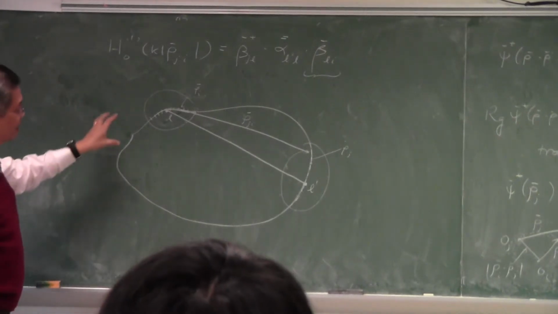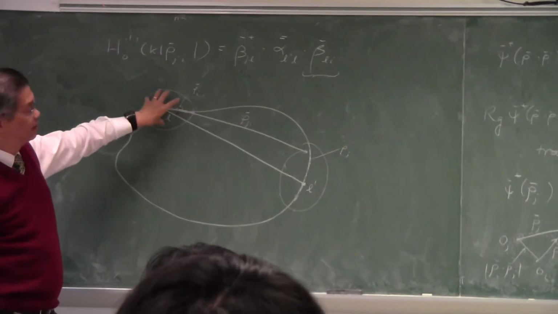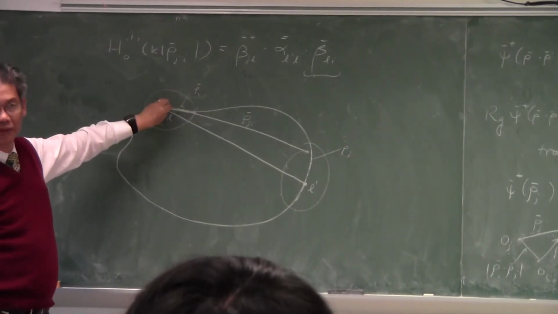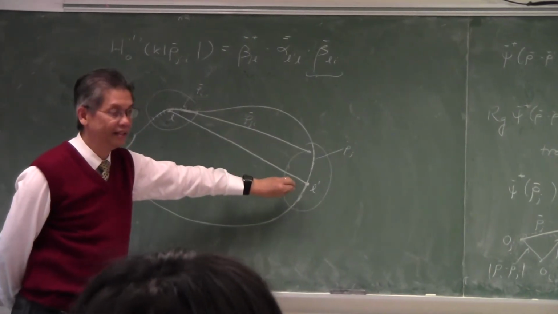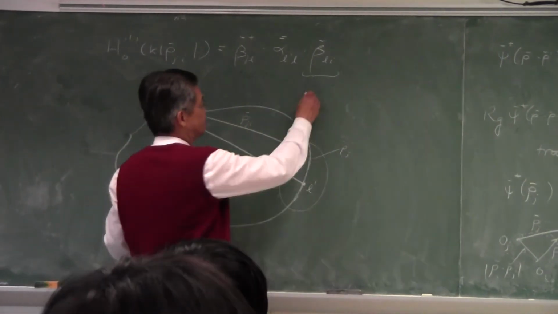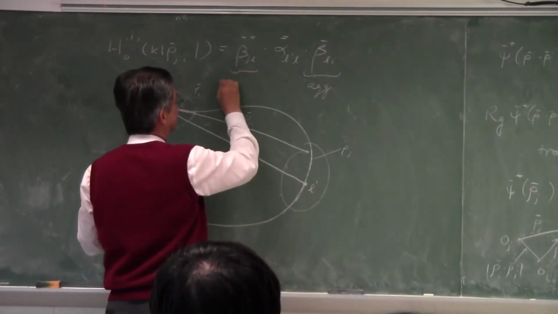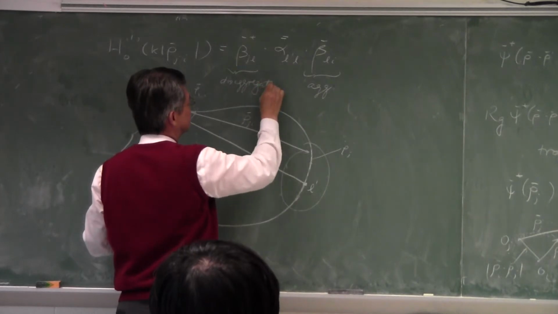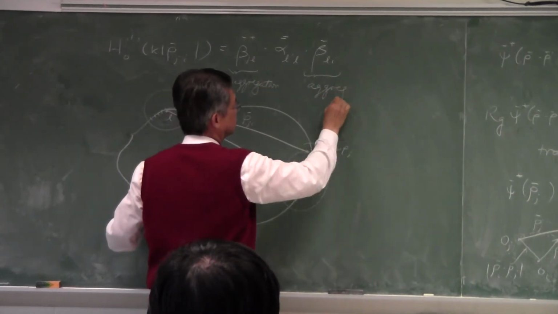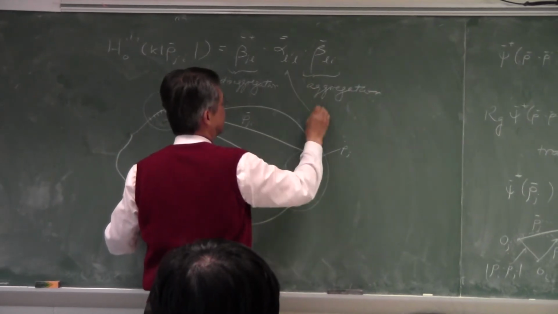So instead of a direct interaction between all the group members, we can first aggregate all the field to one group center, translate from group center to group center, and disaggregate. This I call aggregation, this I call disaggregation, and this I call the translation.